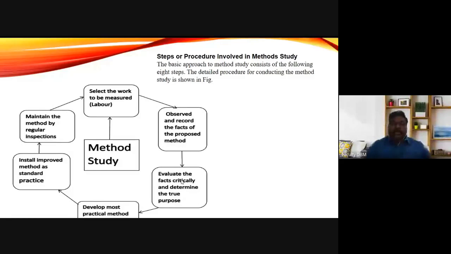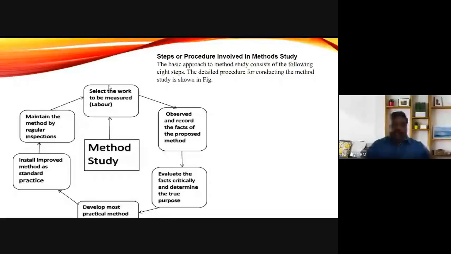So after observing the present method or present structure, if we want to change it, try to come out with a proposed structure and implement and check how it is evaluating. Then develop the most practical method. We are going to develop the best method of how we can do this work. Then we are going to install it. Then standard practice, then maintain the method.